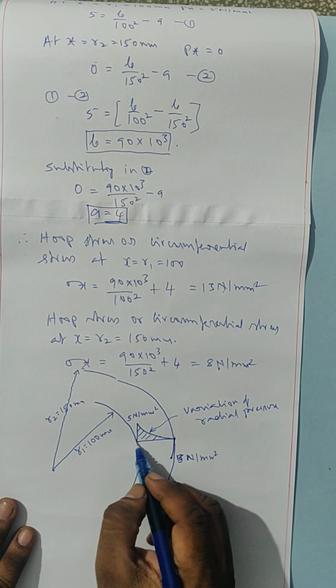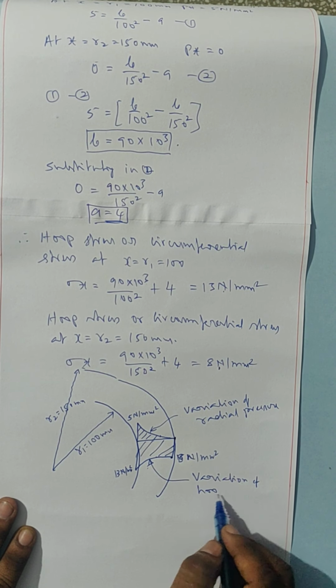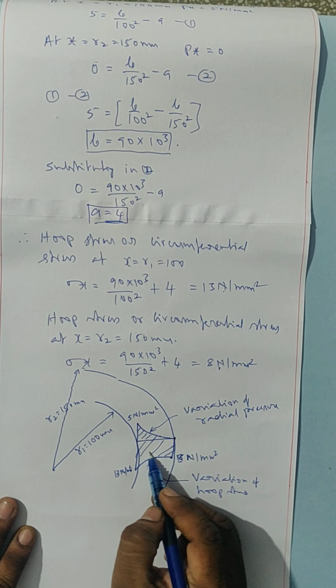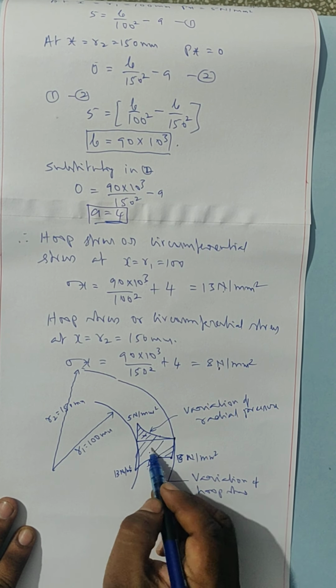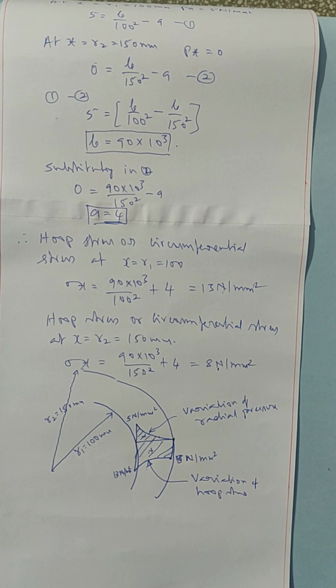Inside it is 13 Newton per millimeter square. Again, this variation is also parabolic. So this is nothing but the variation of hoop stress. Now I marked the variation of the hoop stress. This is minus, this is plus, you take. So this is the variation of the hoop stress.